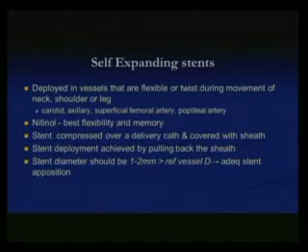And this self-expanding stent is compressed over a delivery catheter, and it's covered with a sheath, and you usually unsheath the self-expanding stent. And the important thing is the stent diameter should be 1 to 2 millimeters greater than the reference vessel. For example, it's a 4 millimeter vessel, usually use a 5 to 6 millimeter self-expanding stent, and this gives you the adequate stent apposition.